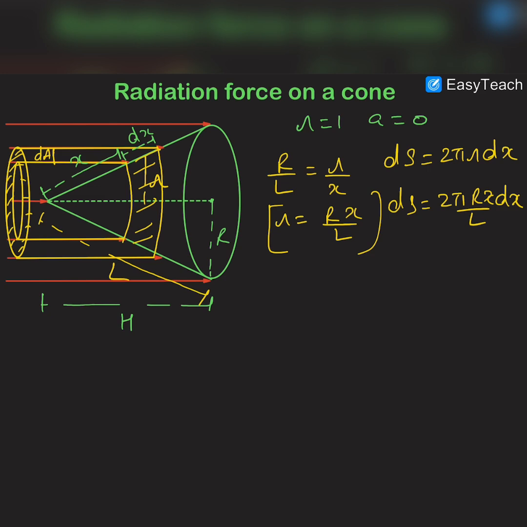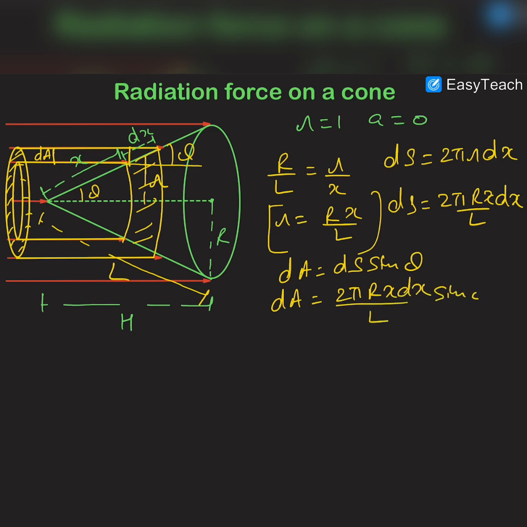So you can say that this angle is theta. If this is theta, so this component will be ds sine theta. So dA will be equal to ds sine theta. So dA will be equal to 2 pi R x dx by L sine theta.